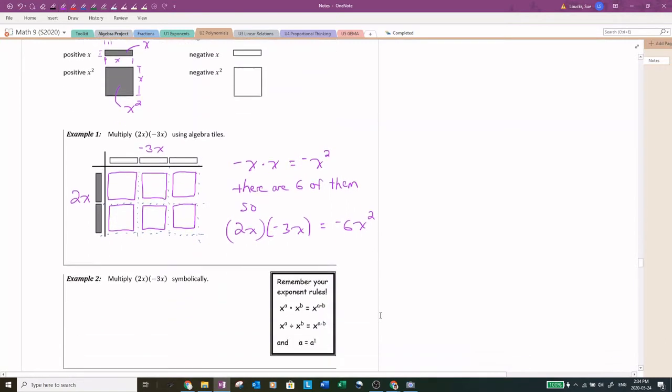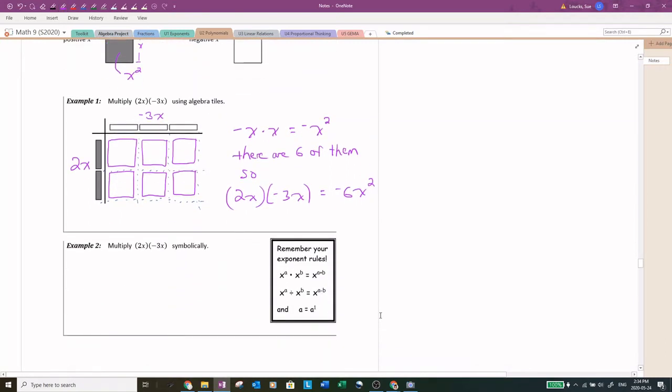Let's do this symbolically now, okay? When we're multiplying things, we have 2x times negative 3x. There's what's called the commutative property of multiplication, which means it doesn't matter what order you multiply things in.